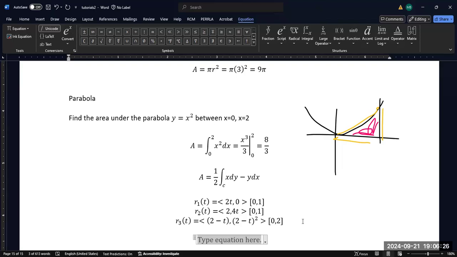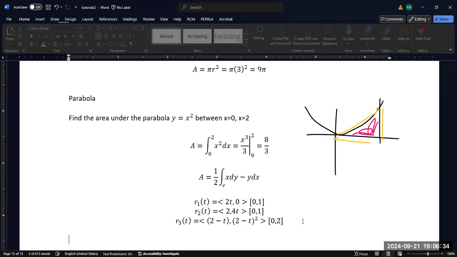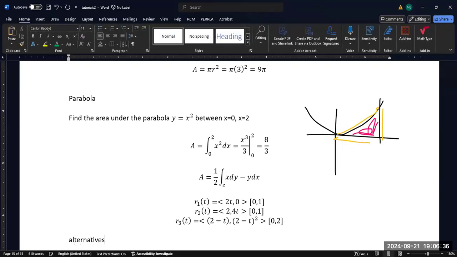But when we're doing this formally, sometimes it's better to be more careful. But I will just say alternatively, integrate. This would be going the traditional 0 to 2 way on t.